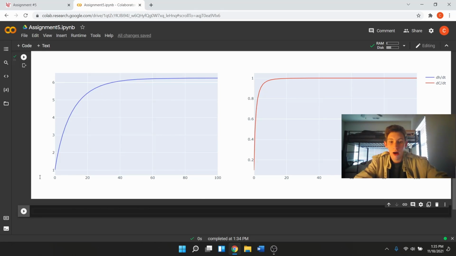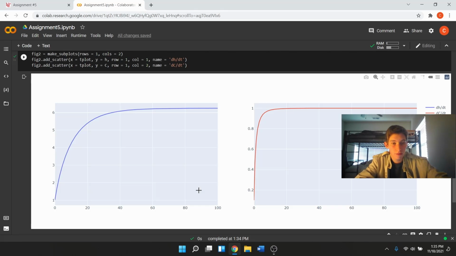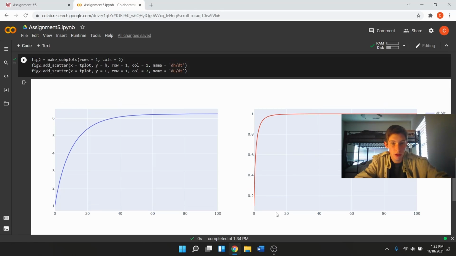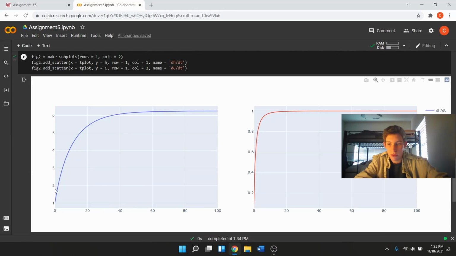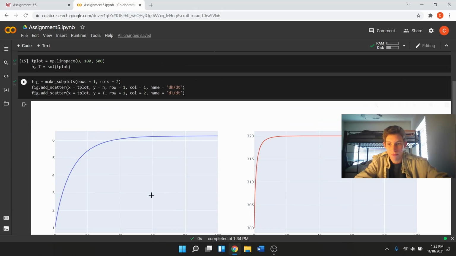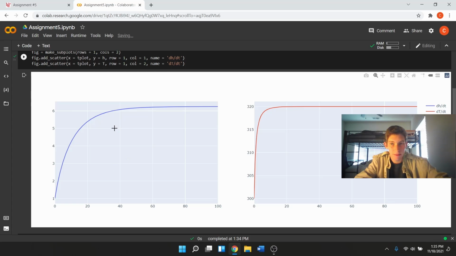So on the left, we still have the height with respect to time, and then now on the right side, we have the change in concentration with respect to time. And notice how the x-axis is the same. However, the y-axis is different. This graph is the same because our initial conditions haven't changed for the height, but the y-axis on the second plots for both of these are different.